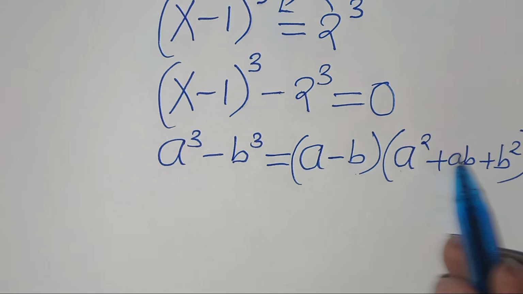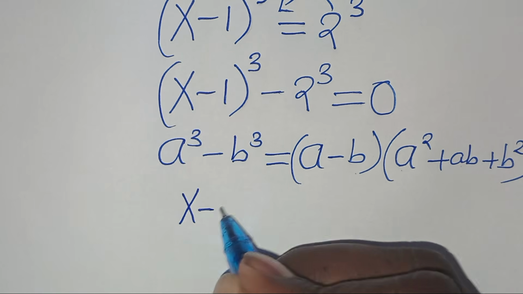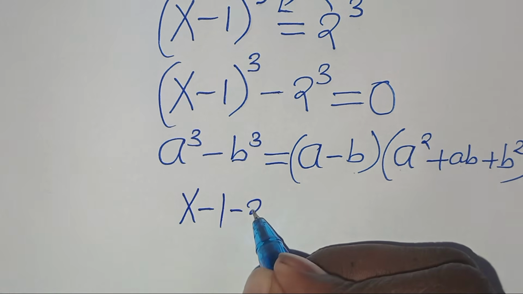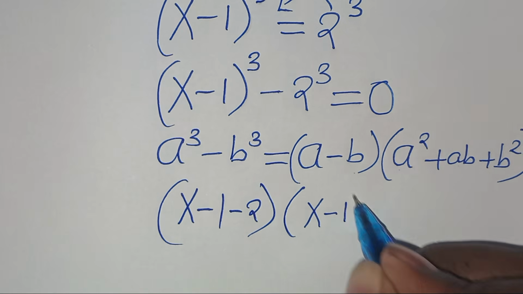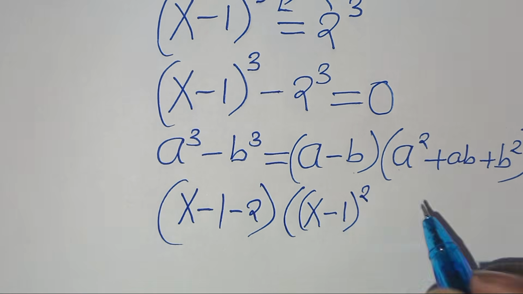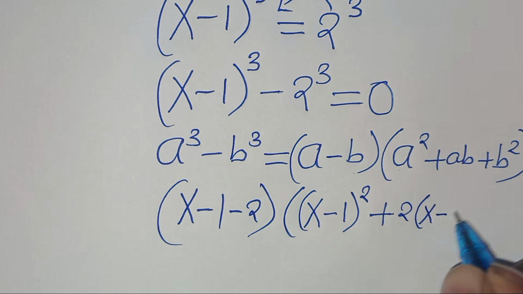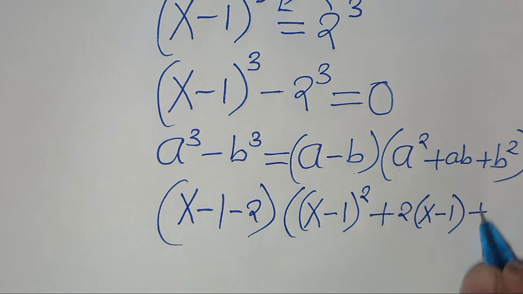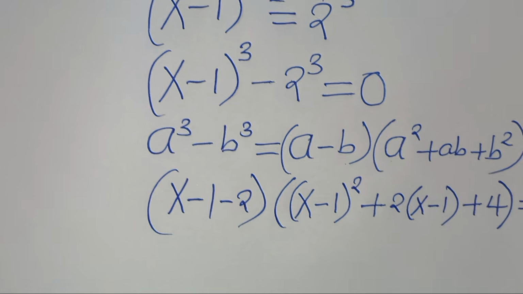Applying this identity, we have (x − 1 − 2) multiplied by ((x − 1)^2 + 2(x − 1) + 2^2), which is 4, and this is equal to 0.